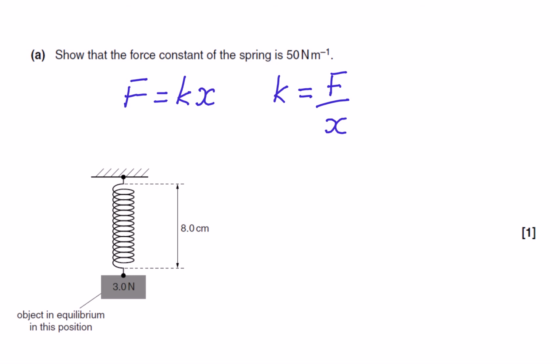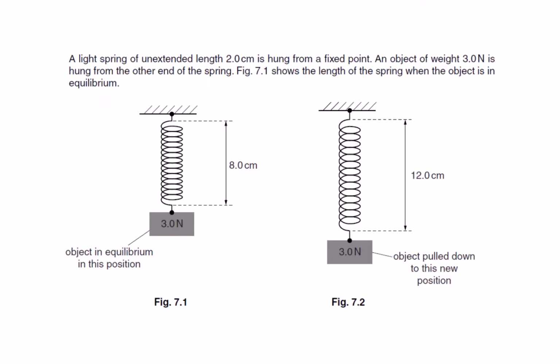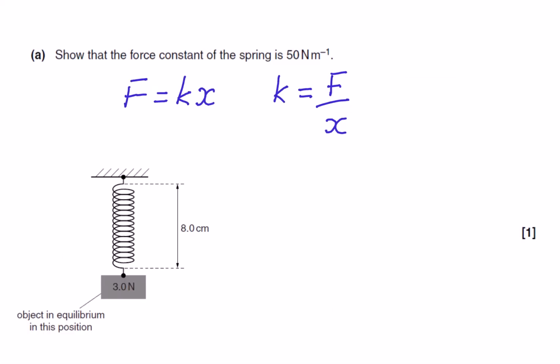And if we go back to the blurb in the first part, it tells us that the original length is 2 centimeters, and when the object is in equilibrium, it's 8 centimeters. So that tells me that my extension is 8 minus 2, which gives me 6 centimeters.